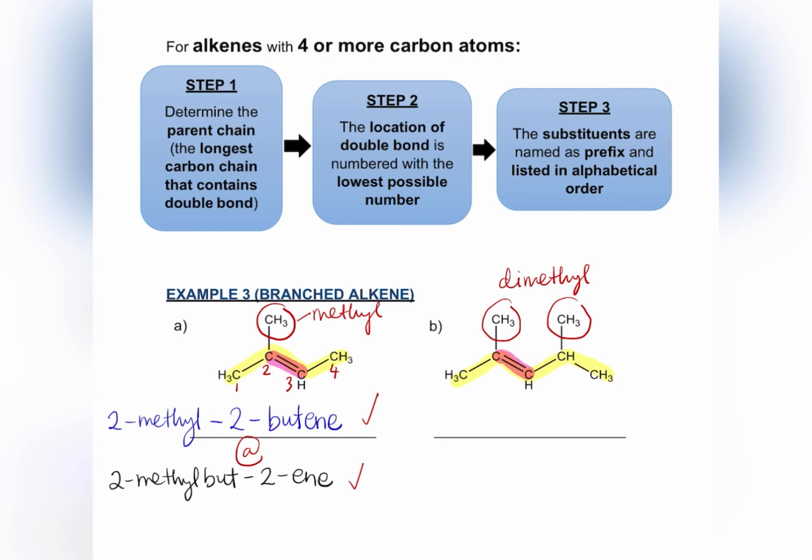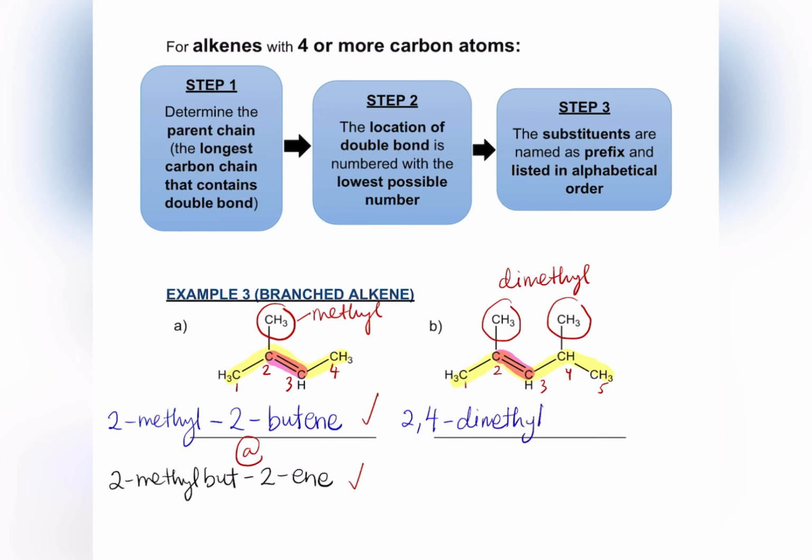For the numbering, I'm going to make sure my double bond is at the lowest possible number. So I'm going to start my numbering from the left as well. 1, 2, 3, 4, and 5. The substituents are at carbon number 2 and number 4, so I'm going to write it down as 2,4-dimethyl.